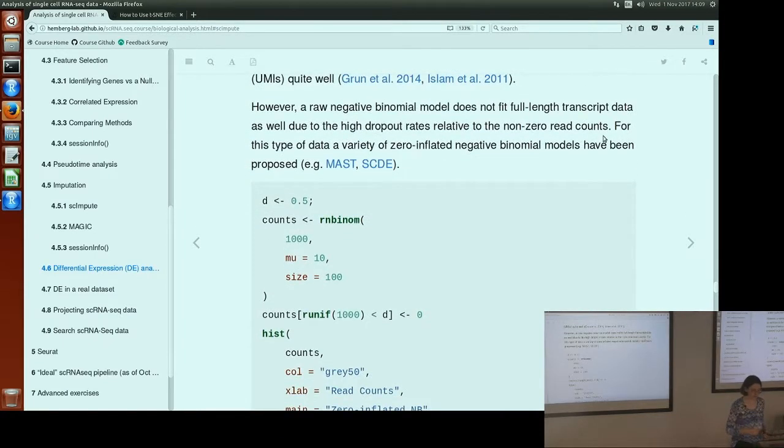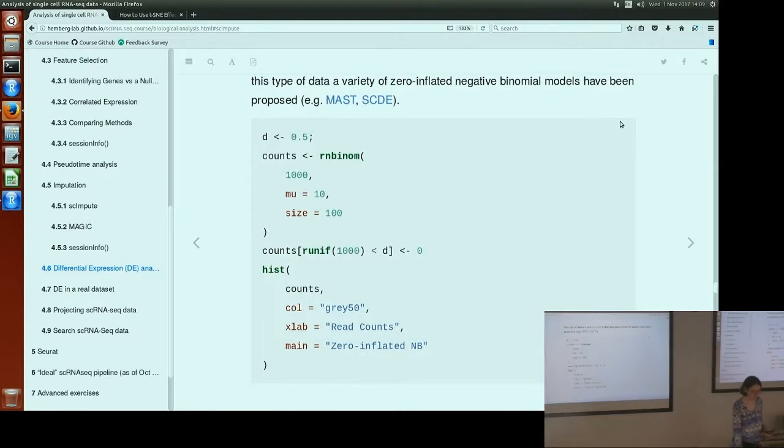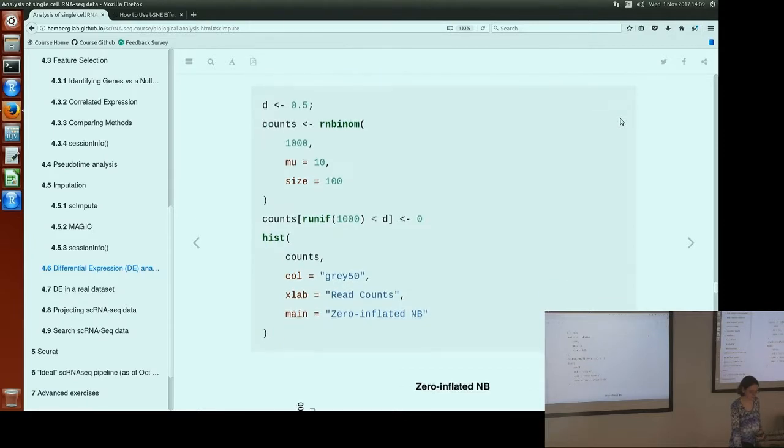So to account for this, people have developed a zero-inflated negative binomial model. This is used by the most common single-cell RNA-seq specific differential expression methods. Here you just have the mean, the dispersion, and a dropout rate.